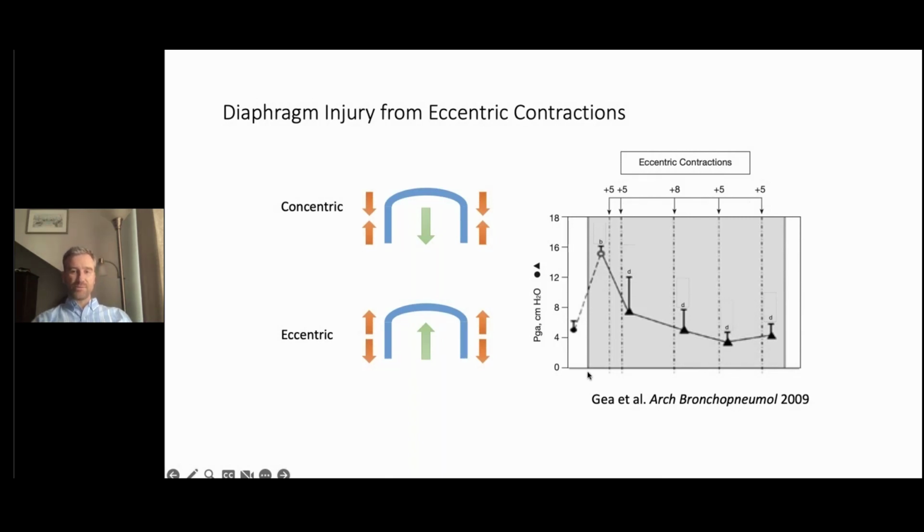And in this experiment, it was shown that an acute, short bout of eccentric contractions was associated with a rapid decrease in twitch gastric pressure, reflecting a loss of ability of the muscle to generate force following exposure to eccentric contraction. So these kinds of loading conditions may be acutely injurious to the muscle and may lead to significant muscle weakness potentially.